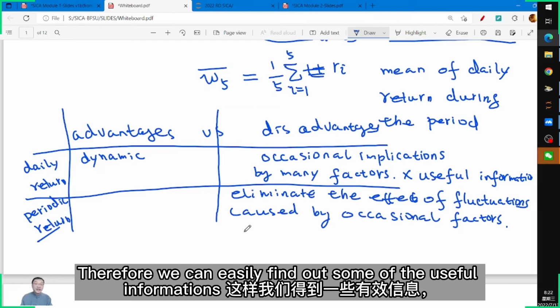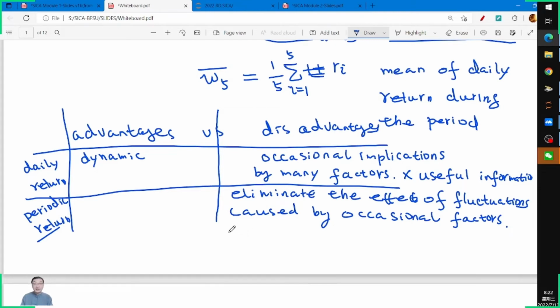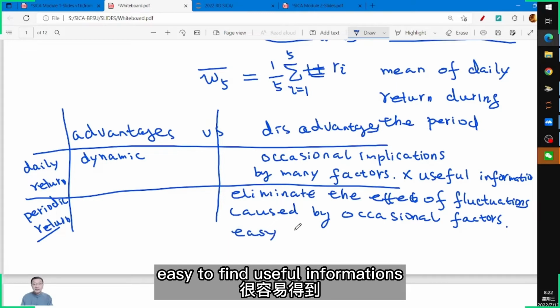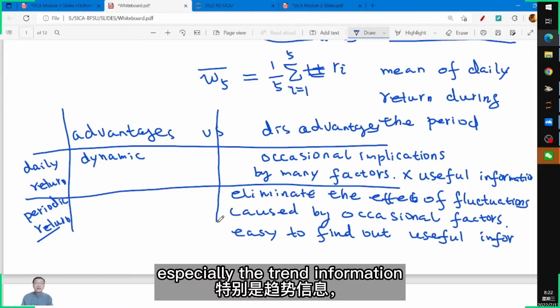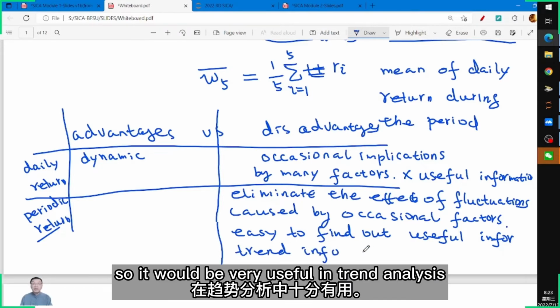Therefore, we can easily find out useful information, especially the trend information. So it would be very useful in trend analysis.